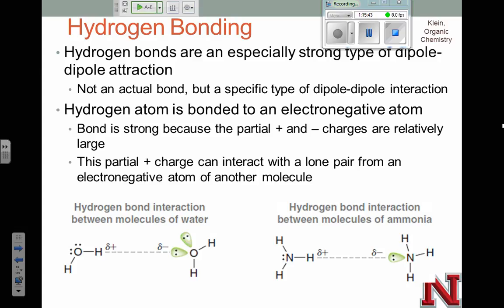So NH3 does, H2O does. However, this cannot hydrogen bond with itself, but it can hydrogen bond with water, because water has a donor. But it couldn't hydrogen bond with itself, so its boiling point would only be affected by dipole-dipole interactions.